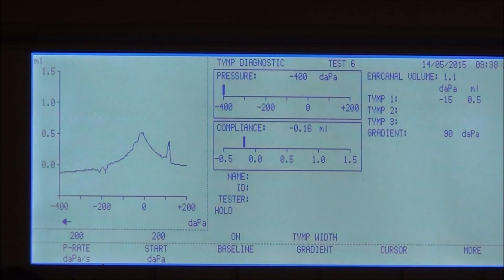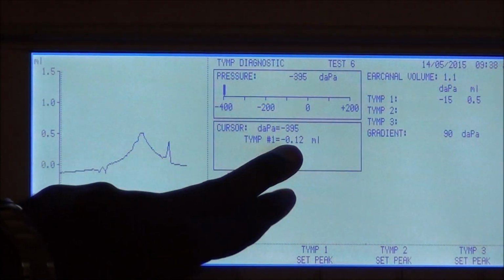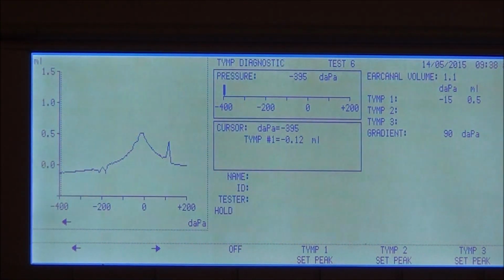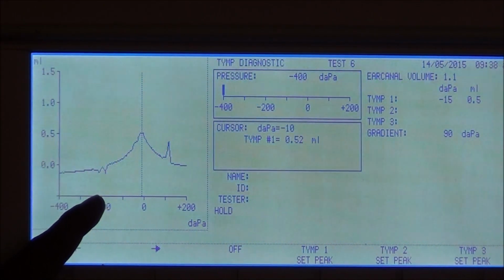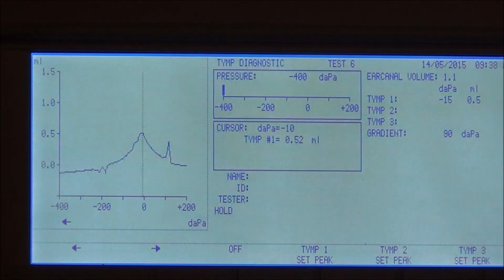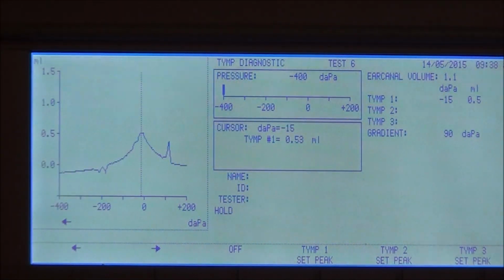So in that case what you have to do is use the cursor. So select cursor, then you can manually measure. You can see this is the pressure and this is the compliance at the cursor, right? So when you go down, you can see that. When I keep the cursor at that point, I can read 0.05 and -10. You understand? So this is approximately the same value that is detected by the system as peak.